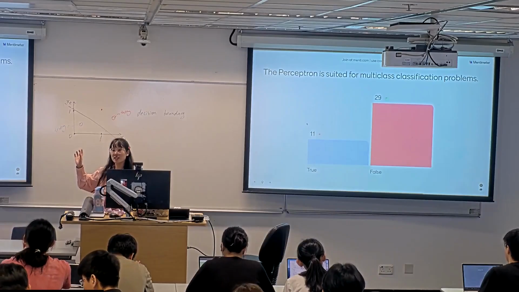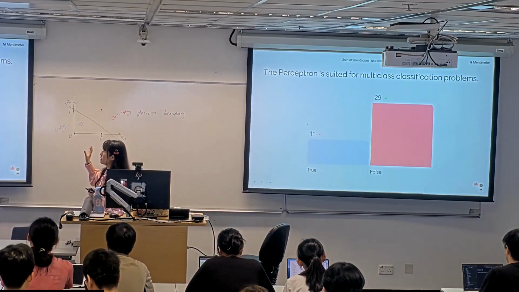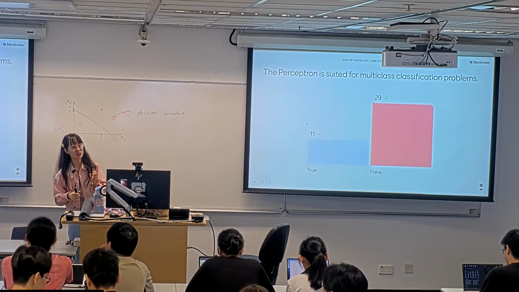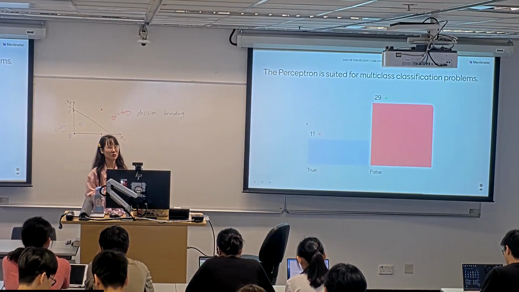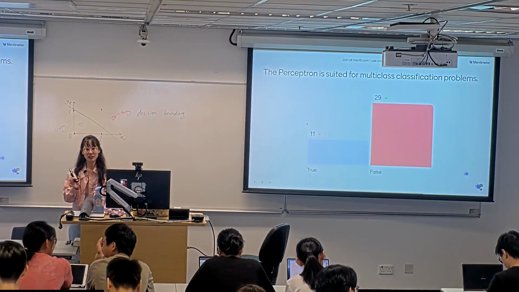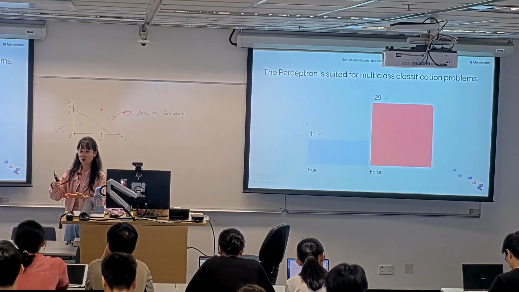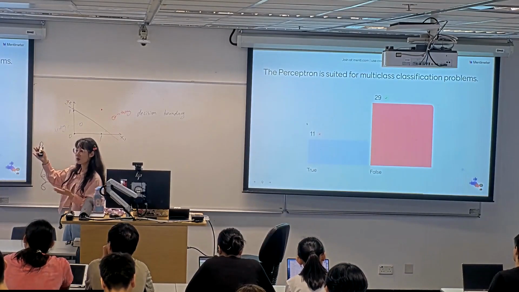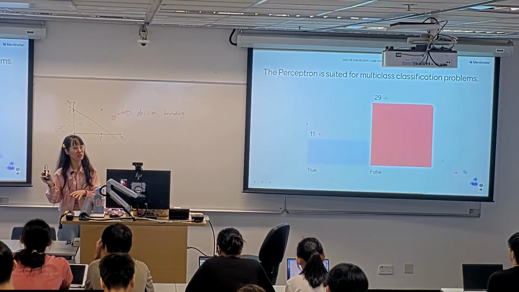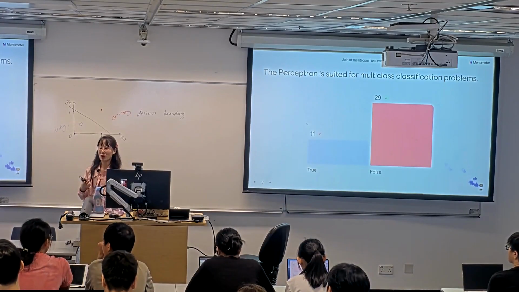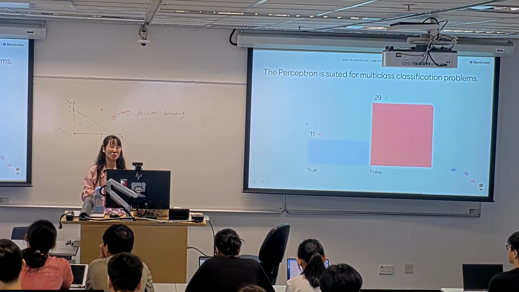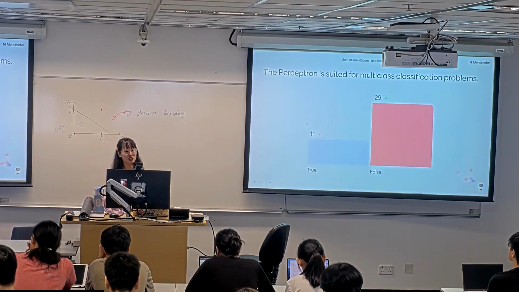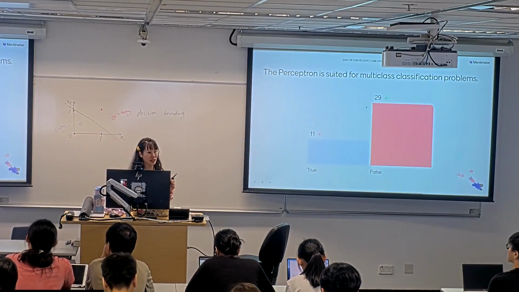Okay, this is false. When we introduced the binary step activation function, we mentioned that it can only output 0 and 1, two possible values. So if the perceptron must use the binary step activation function, then we can only have two possible outputs, and it can only be used for binary classification, not multi-class, right?